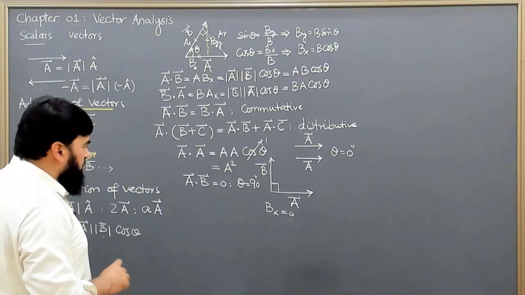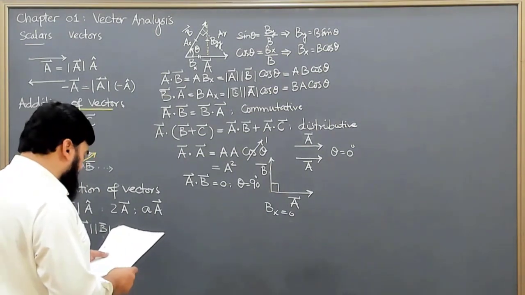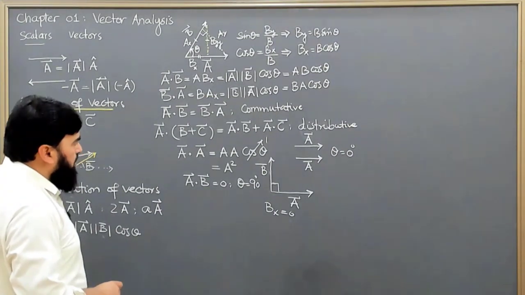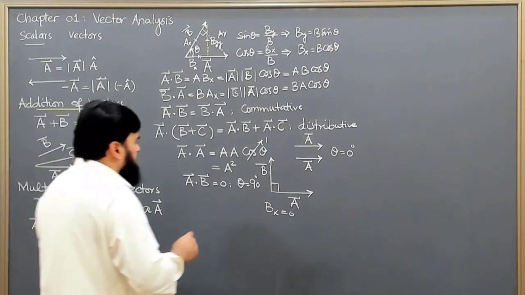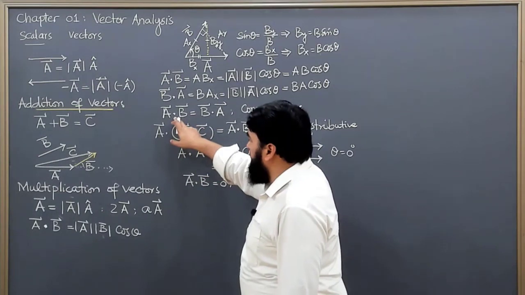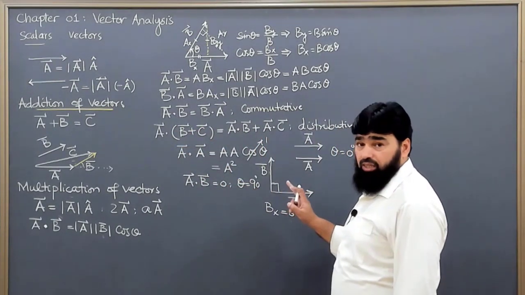They will have no projection on each other. I say that they are perpendicular vectors, and in that situation their dot product will be equal to 0. Their multiplication, a dot product, will result in nothing.